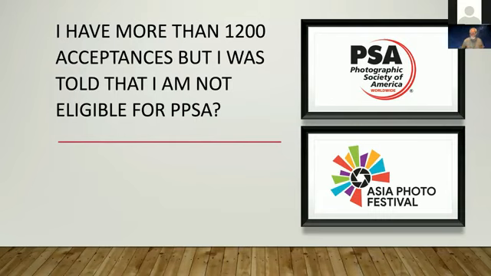So keep that in mind. By all means, use your good images multiple times so you get lots of acceptances for them if you want to, but don't go overboard. Keep in mind, you need a minimum number of titles for each of the star ratings and therefore for each of the distinctions.